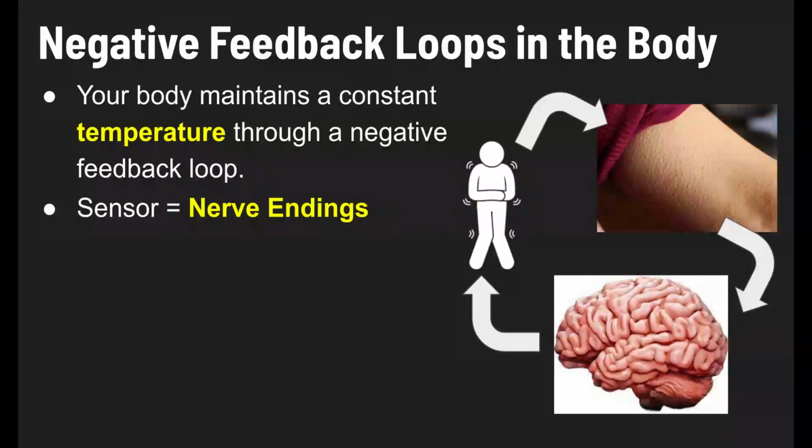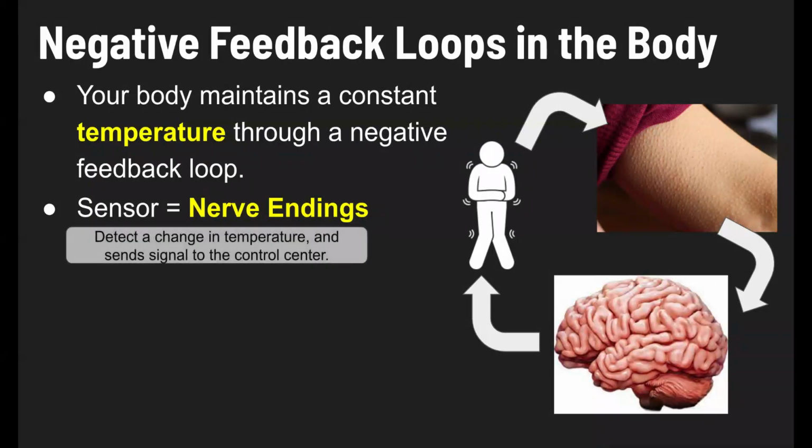In this case, when your body's controlling its internal temperature, the sensor are your nerve endings. These detect a change in the temperature, and they send a signal to the control center. So if it's really, really cold, you might notice you get goosebumps. That's an indication that your nerve endings are detecting the change in temperature.